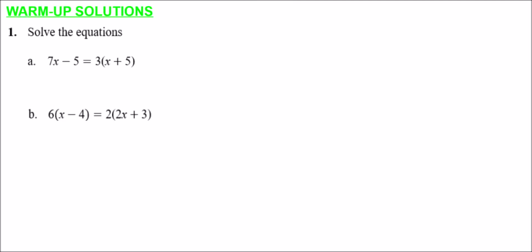So question 1, we've got two sets of linear equations to solve. So first of all, for part A, let's just leave 7x minus 5 as it is. And as you'd be very familiar with, if you see brackets, usually it's a good idea to expand them. So 3 times x gives us 3x, and then 3 times 5 is 15.